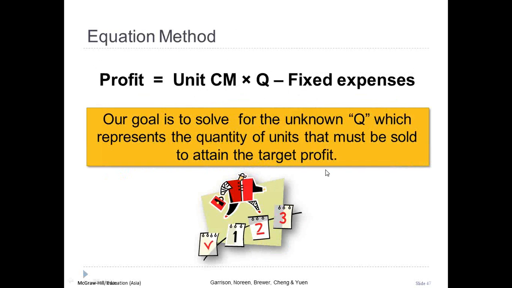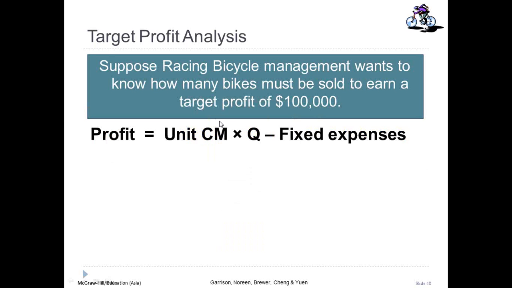If we use the equation method, here's our equation. Our bottom line, or our profit, is going to be the unit contribution times the quantity sold minus fixed expenses. So we need to solve for the quantity sold to get our profit target.